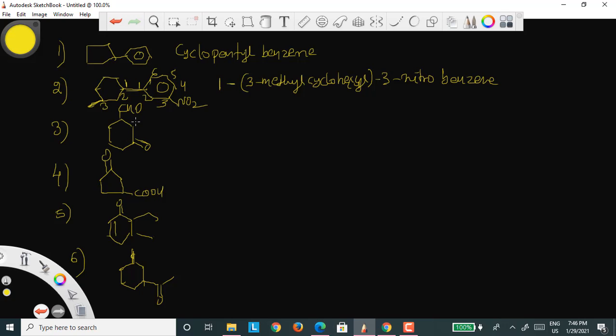Now this compound, how can you name? This contains aldehyde, also ketone. But you know that aldehyde has more priority than ketone. So this should be number 1, given 1, 2, 3. So you can give 3-oxo. The prefix of this ketone group is 3-oxo cyclohexane.